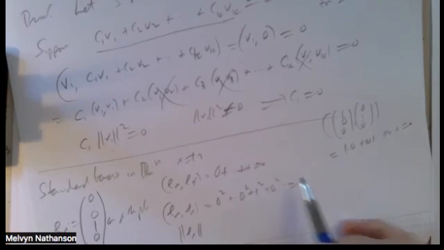So the length of Ei squared is 1, so the length of Ei is 1 for all i. So for the standard basis in R2, the vectors are orthogonal, mutually perpendicular, so that's an orthogonal set, plus each vector has length 1. So it's an orthonormal set.